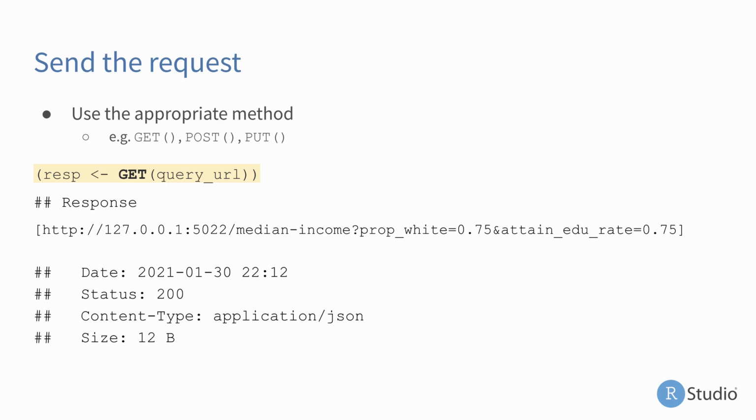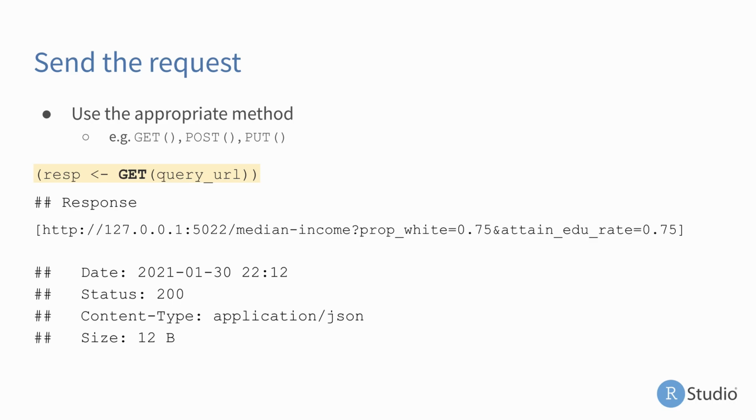And here we can see that we've sent this query to the API, and now we have this response object called resp. And when we print it out, we see this block of text. It tells us the date, the status, the content type, and the size. And the status is really important. It says 200. That means our query worked. If you saw 400 or anything starting with 400, it didn't work.